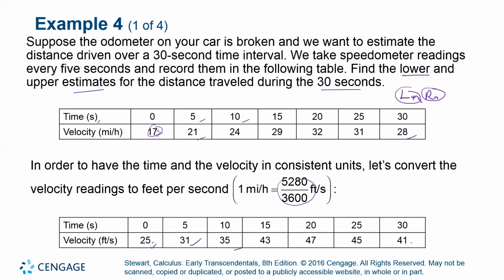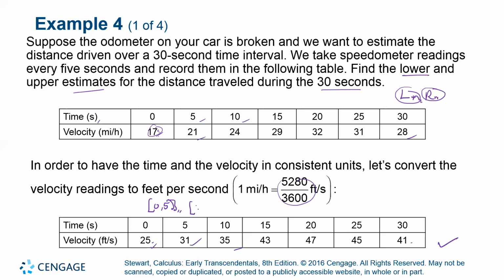All right, so then we're going to use the second table, because the quantities are in the same units. Let us see how we do this. To find the distance, the first interval is from 0 to 5.